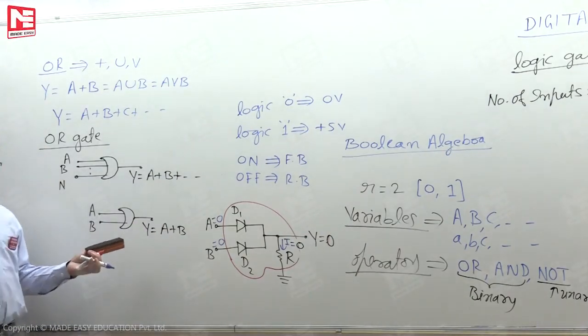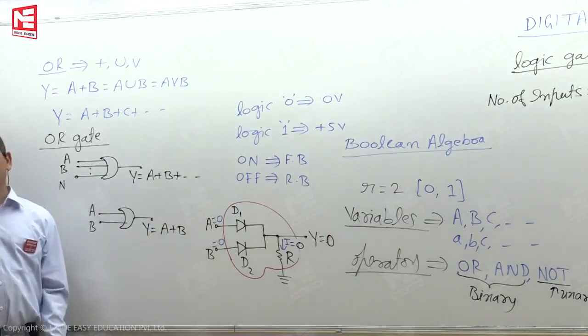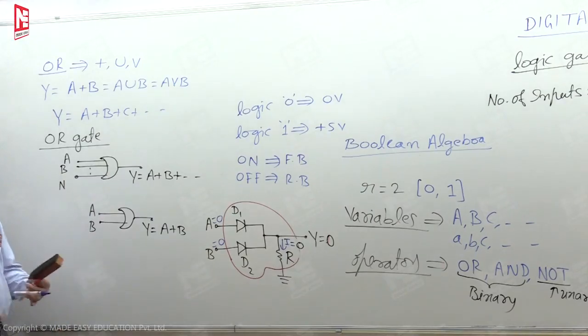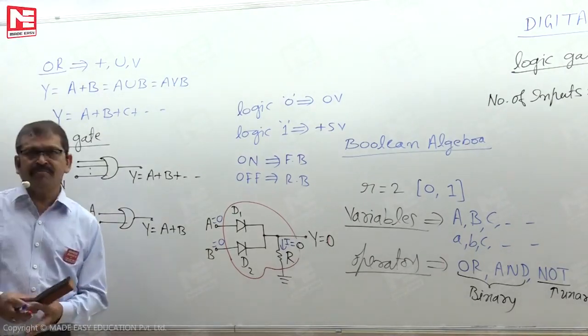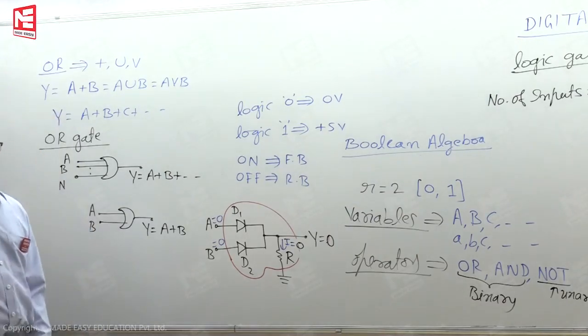Hence, if this OR gate is implemented using PN junction diodes, this is the inside circuit. Like this, implementation is also possible using bipolar junction transistors or field effect transistors.